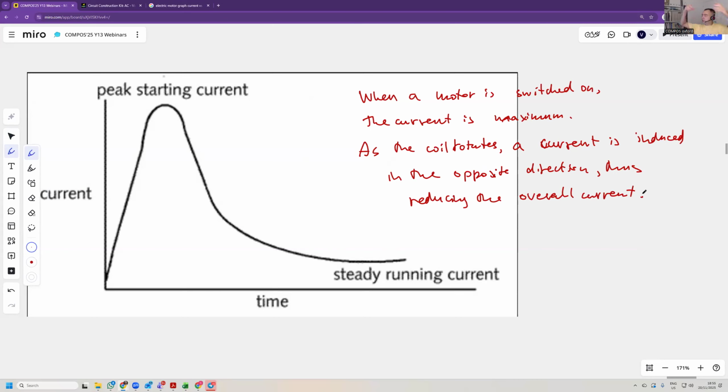A motor can be used as a generator, and a generator can be used as a motor. When a motor starts spinning, it becomes a generator and it generates a current. But because of Lenz's law, it generates a current in the opposite direction, and that reduces the current in the motor.